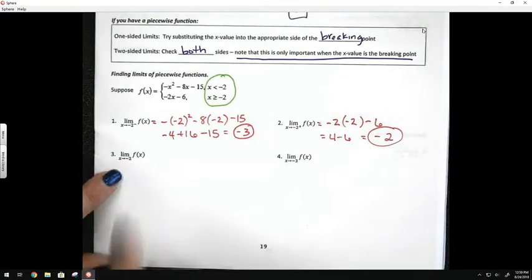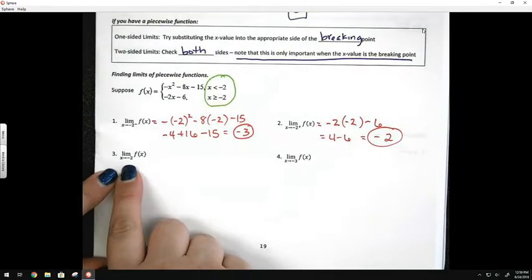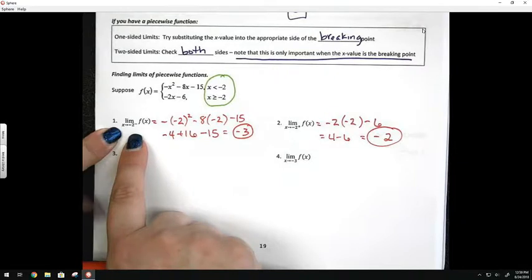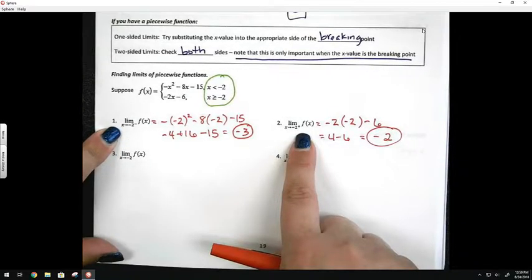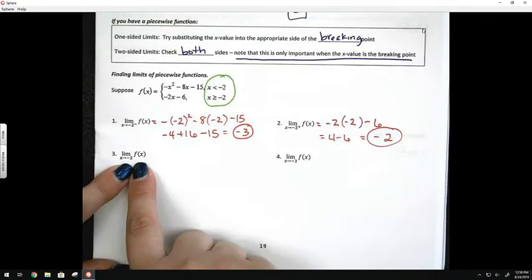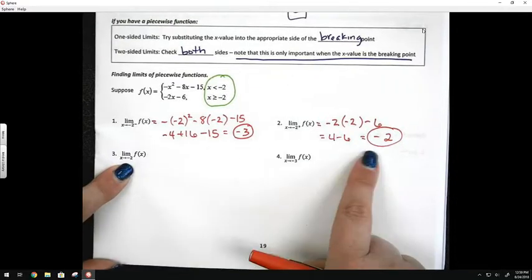Now I'm looking at the limit as x approaches negative 2 of f of x. Well, negative 2 was my breaking point, and I just found my left-sided limit and my right-sided limit already. So I know that this overall limit doesn't exist.